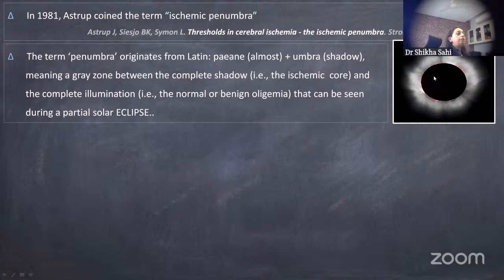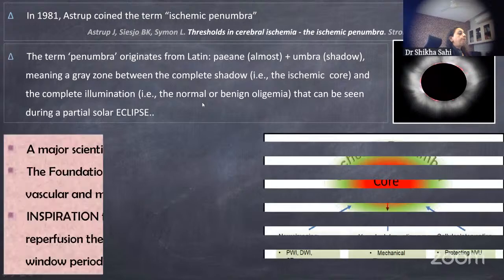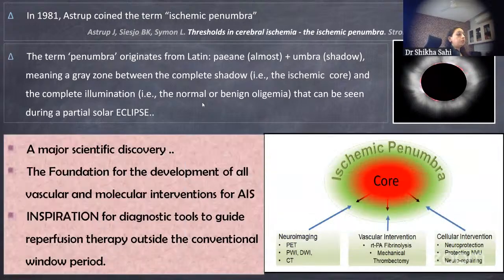It gets its name from the solar eclipse. So this is the penumbra, in which this is completely dead and this is a normal region. This was a major scientific discovery, and the saving of this penumbral region is the foundation of all the interventions and all the imaging modalities that we are using to save these stroke patients.